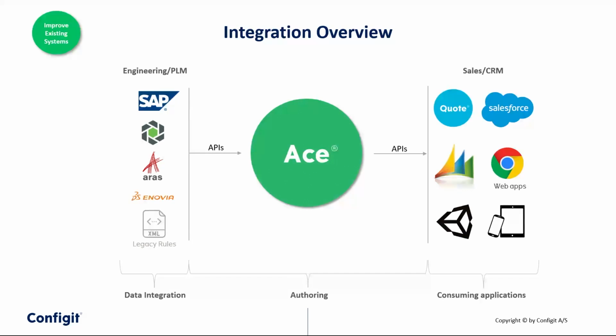And one of the benefits is that we are able to make this exact same data available across different systems. So, for example, you might have our own CPQ tool, Quote, today, or you might be using, as an existing system, Salesforce CPQ to do configure, price, and quote. And then you could have this exact same data also available on, for example, a public website or on mobile devices.